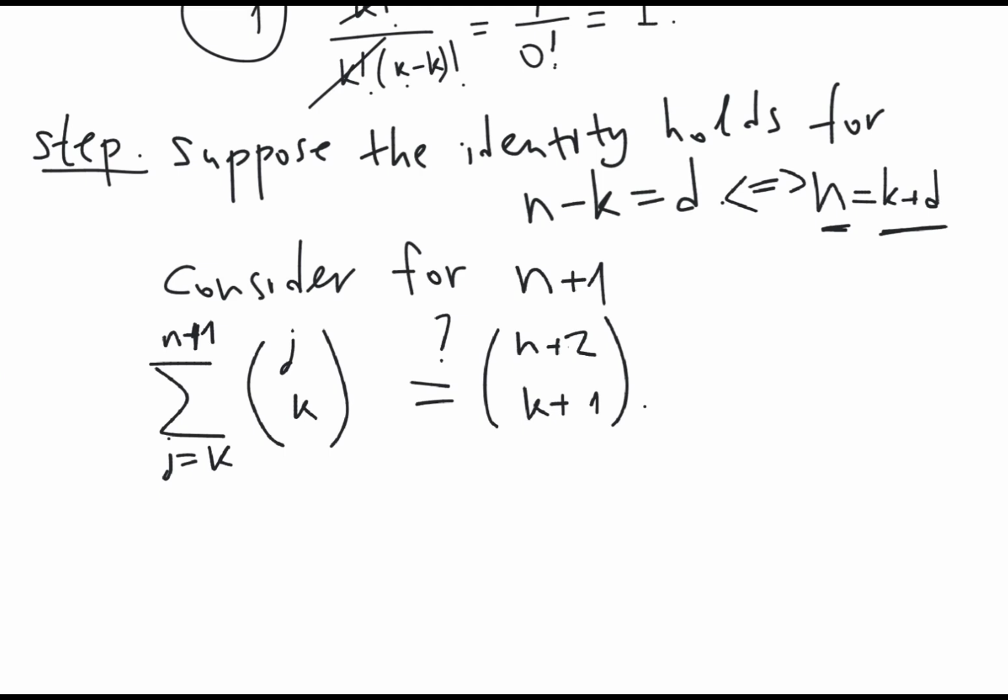Let's write it more carefully. We consider the identity for k and n plus 1. We have two parameters, k and n, in our identity, and we keep the same parameter k, but we increase n by 1. For this pair of parameters, their difference is d plus 1.